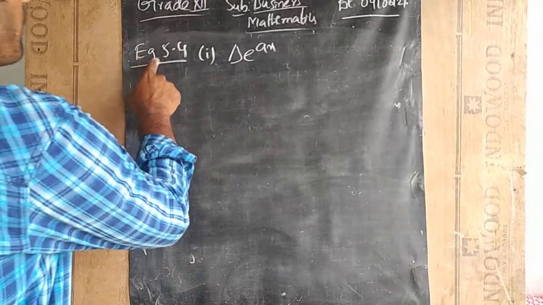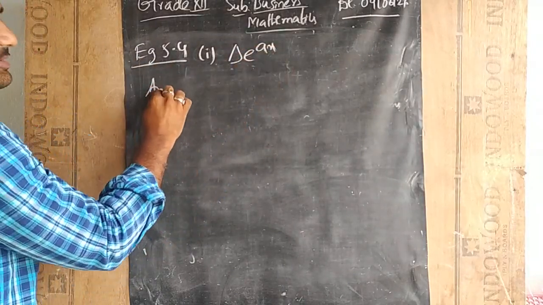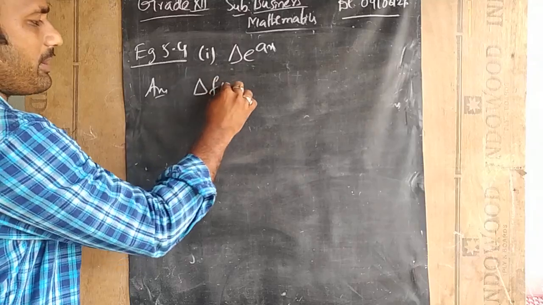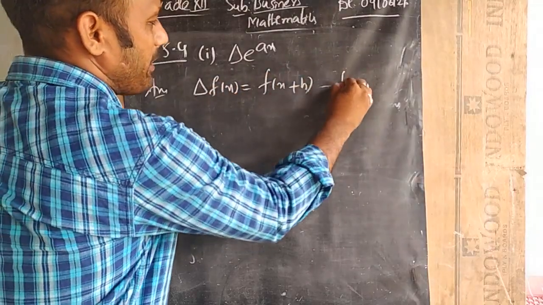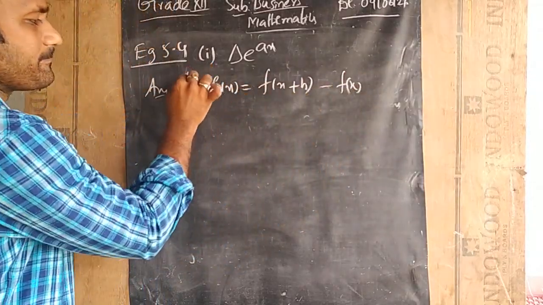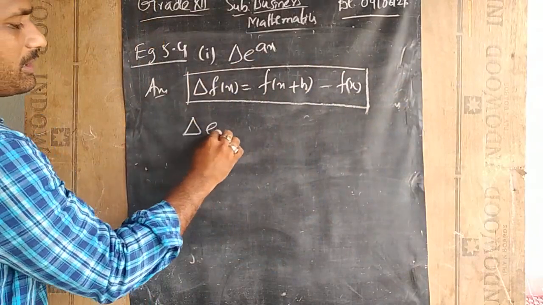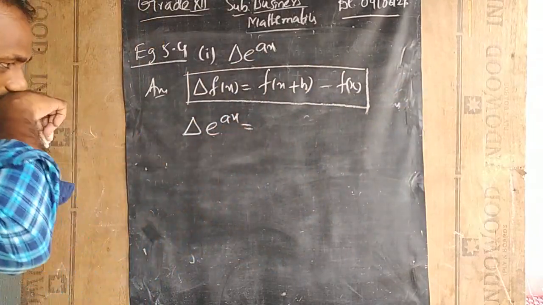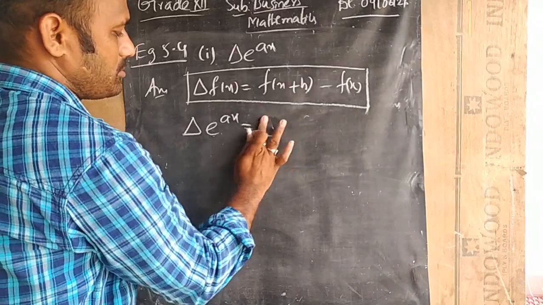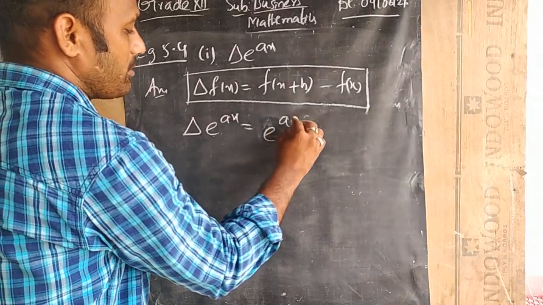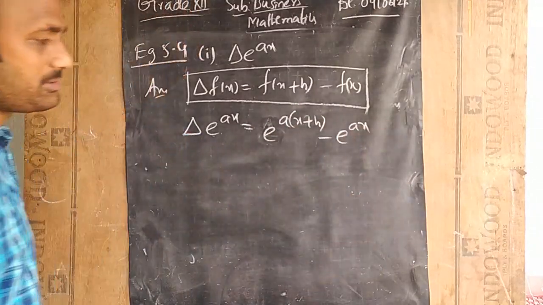Let us do Example 5.4, first question: delta e power ax. So delta f of x can be written as f of x plus h minus f of x. We will apply this. Delta e power ax is equal to e power a into x plus h minus e power ax.